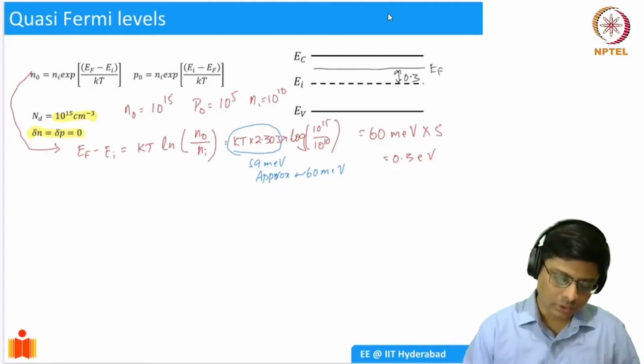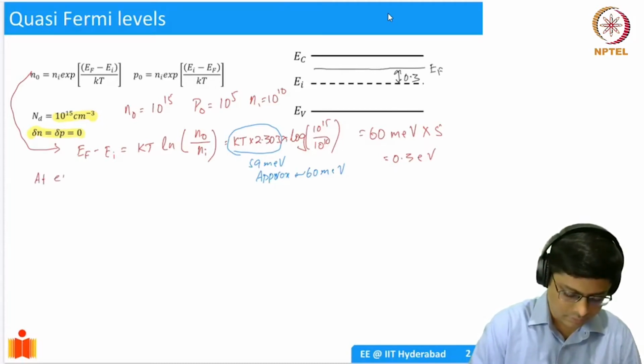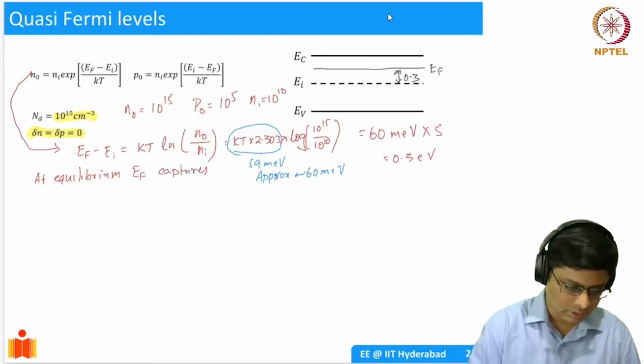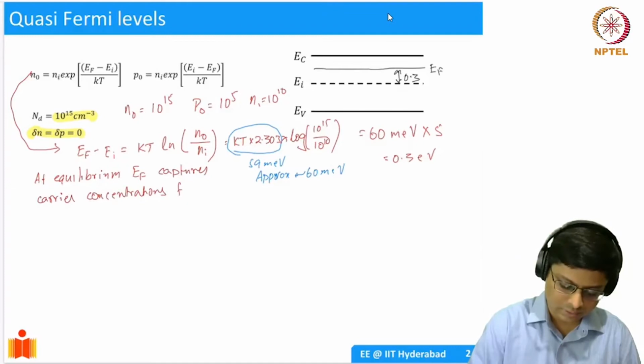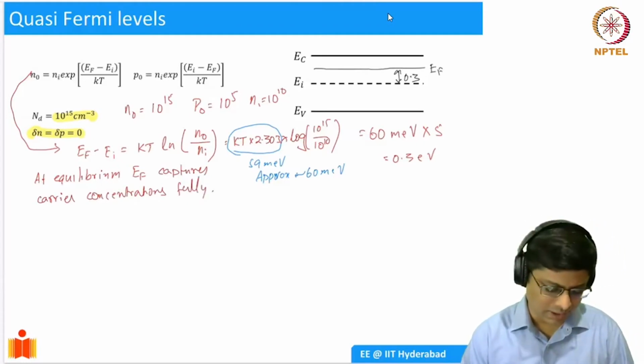The message I wanted to convey is that at equilibrium, EF captures the carrier concentrations fully. For example, I have used the N naught expression.